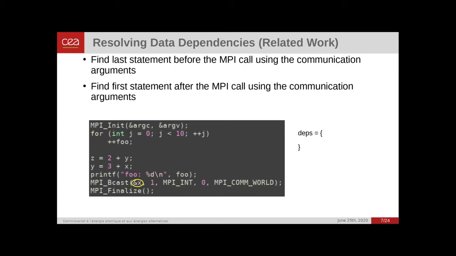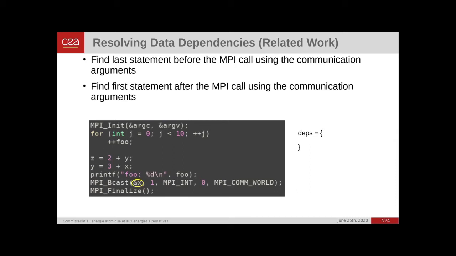They would get the nearest statement that accesses the communication arguments, because those statements cannot be part of the overlapping interval. Having them inside the overlapping interval would end up with a race condition, because they are being accessed and at the same time they are part of the communication.